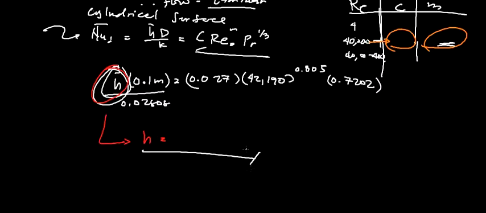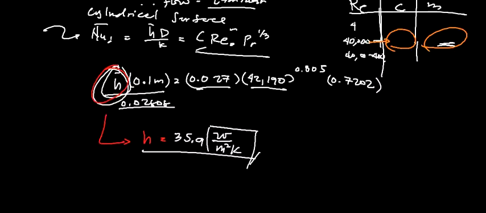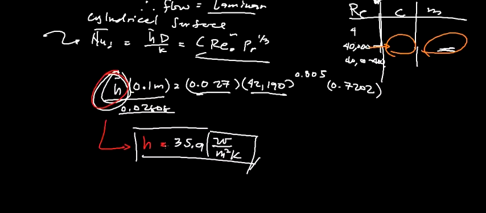Then you can get a value of h around 35.9 watts per meter squared K. Okay, and if you are going to solve this on your own, then please complete the units so that we can easily see the units of our needed values. So for h we have 35.9 watts per square meter K.